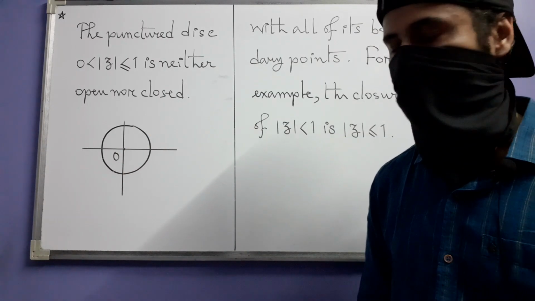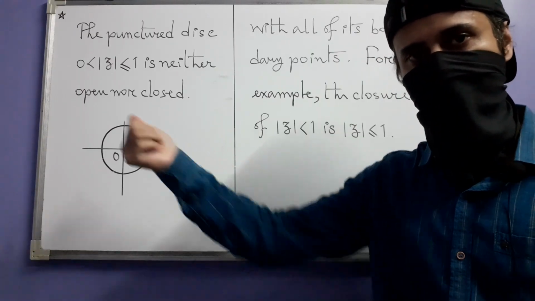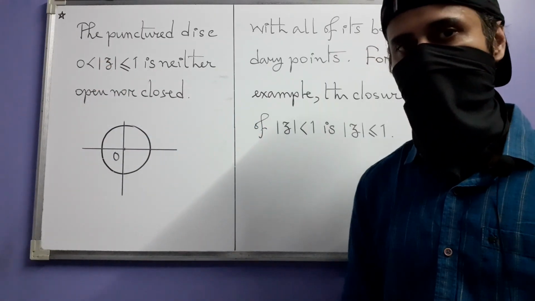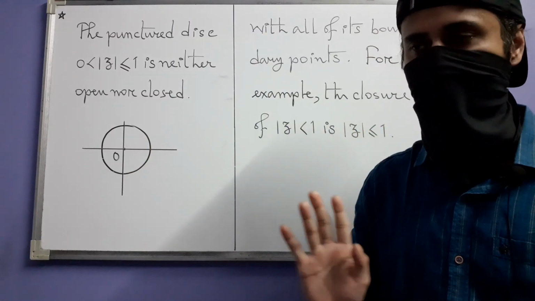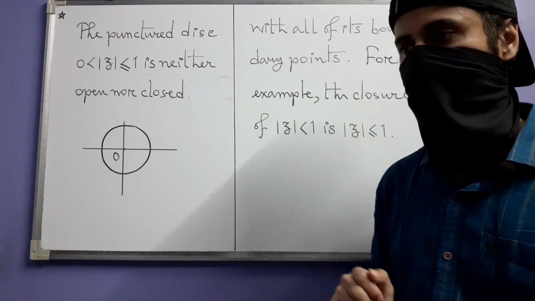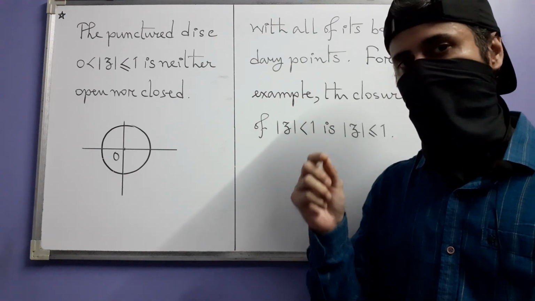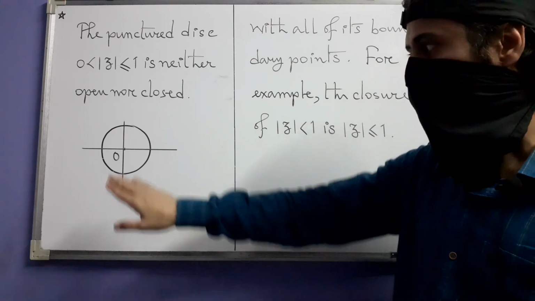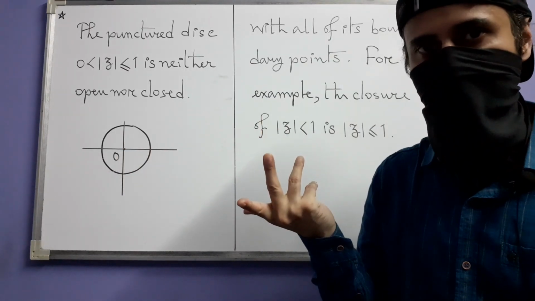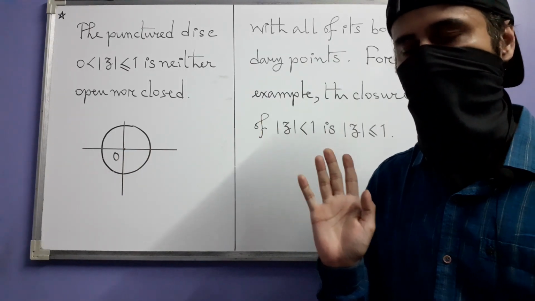Why is the origin a boundary point of this set? The origin, of course, is not an interior point. That we can immediately say. Why? Because recall that an interior point has to be a point inside the set. This is not included. So interior point is ruled out.